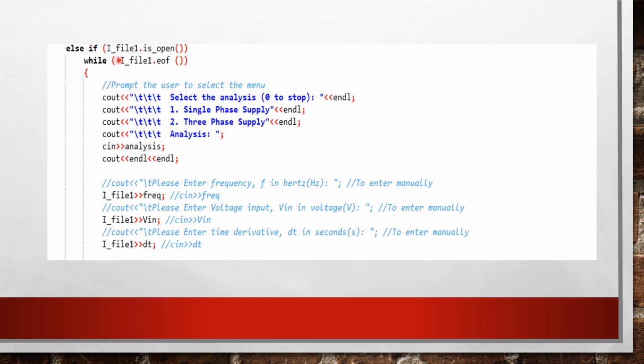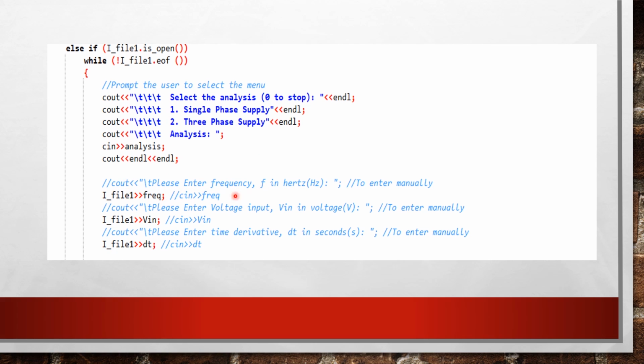Else if the data collection file is open, prompt the user to select the menu. Display: select the analysis, 0 to stop, 1 single phase supply, 2 3-phase supply. The user should enter 1 or 2, and 0 to stop the program.